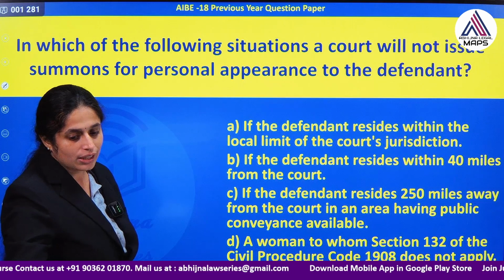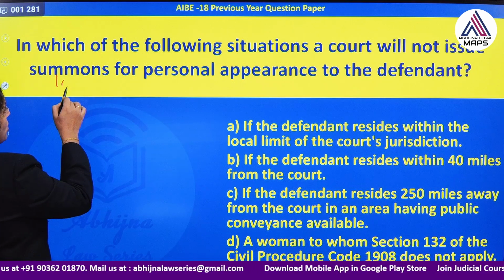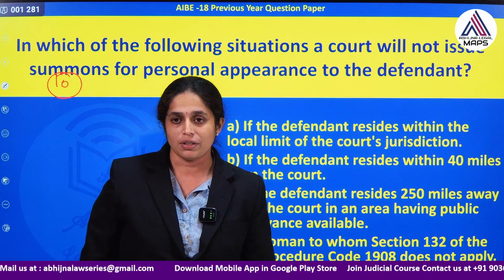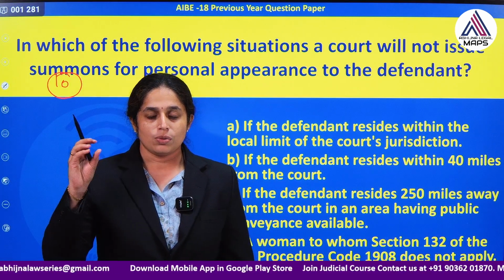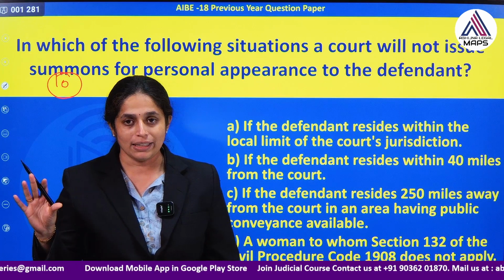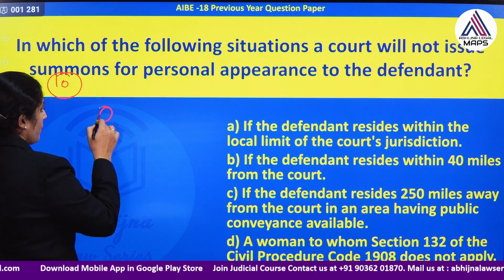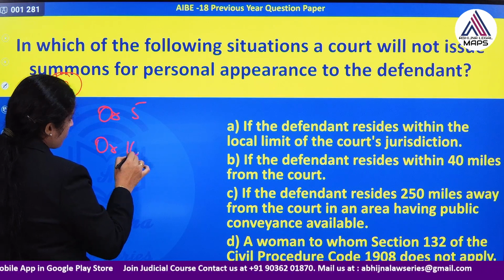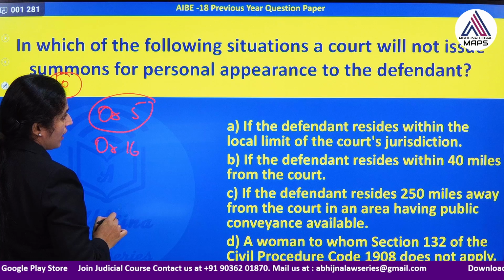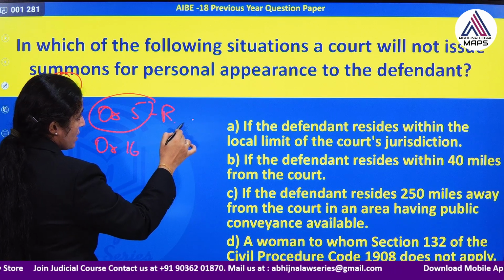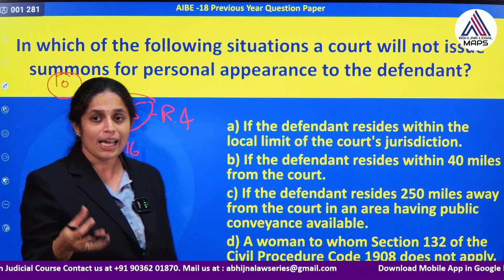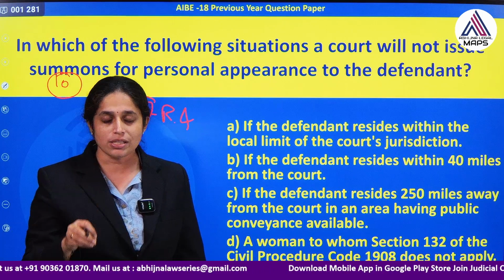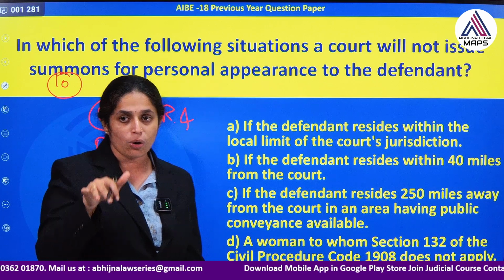And the next question, 10th question. In which of the following situations a court will not issue summons for personal appearance to the defendant? So, the question regarding summons to a party, that comes under order 5, and summons to witnesses comes under order 16. So, we are referring to order 5, especially rule 4, which says that the defendant can be served summons for his personal appearance if he is residing in the original jurisdiction.